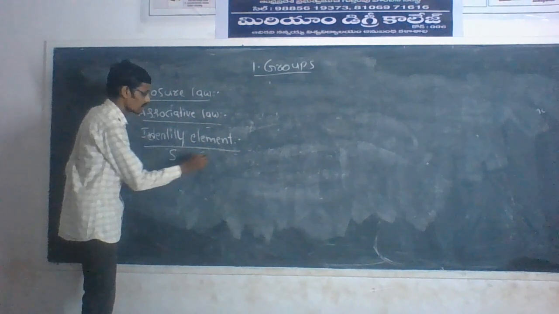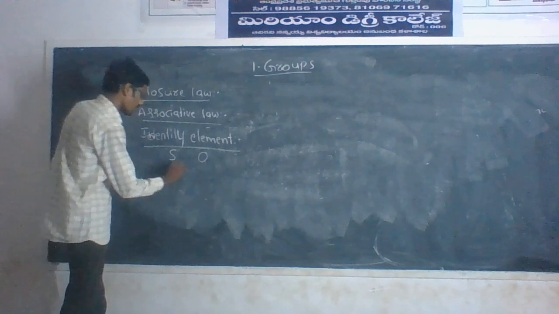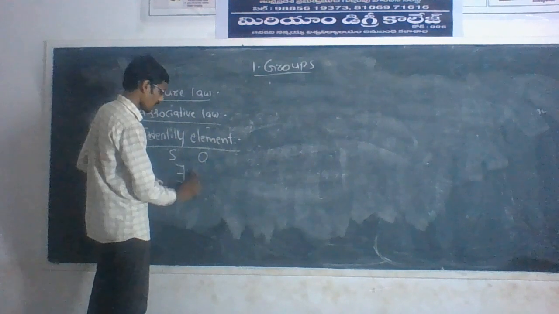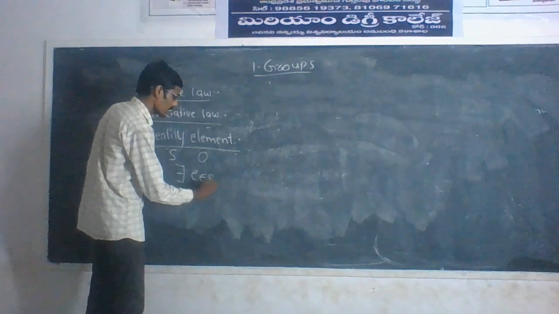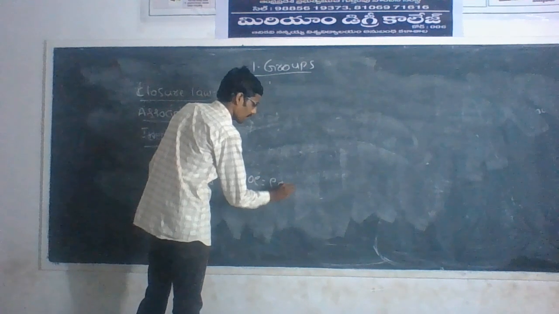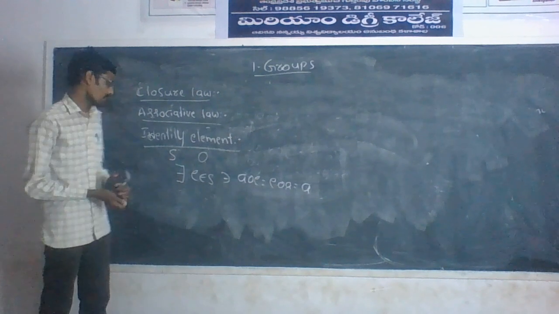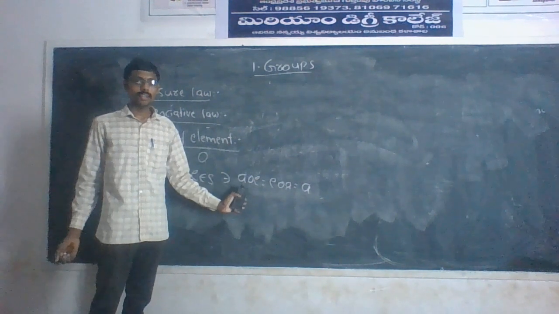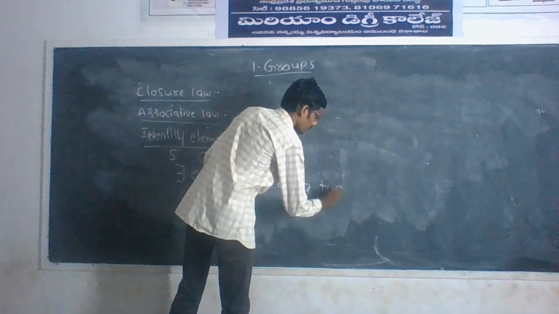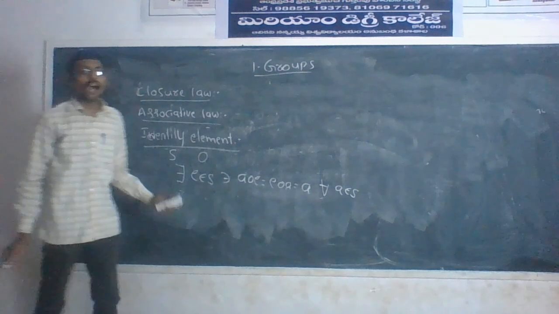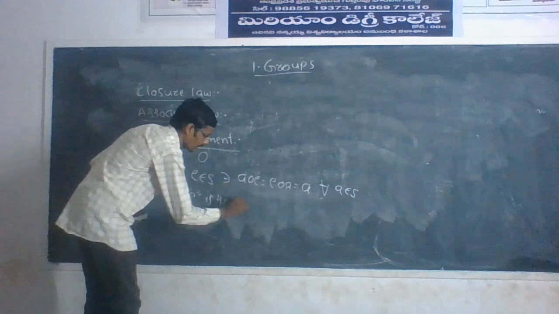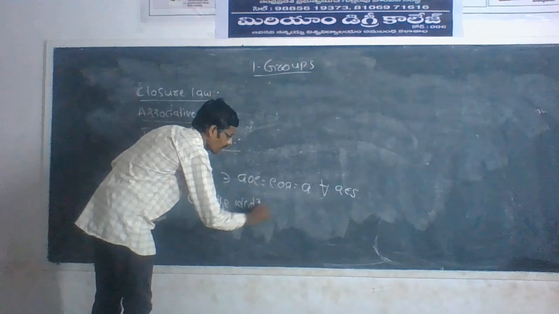If there exists E belonging to S such that A circle E is equal to E circle A is equal to A for all A belonging to S, then E is the identity element.